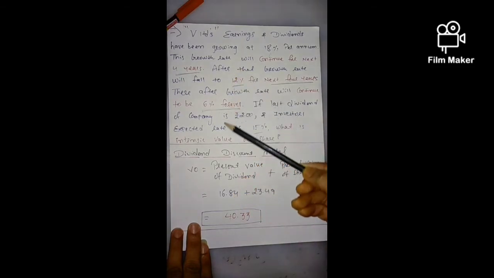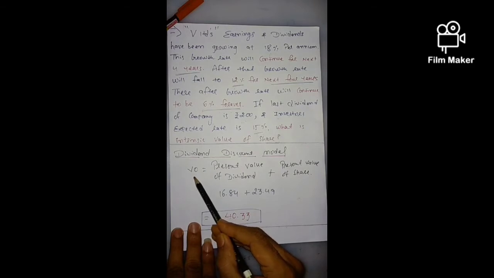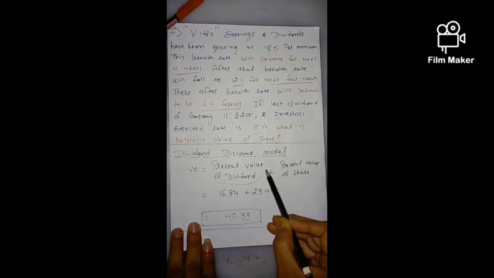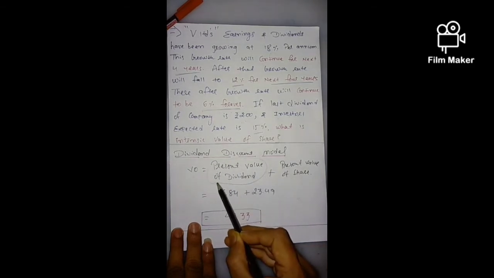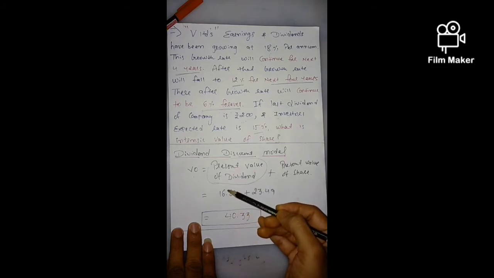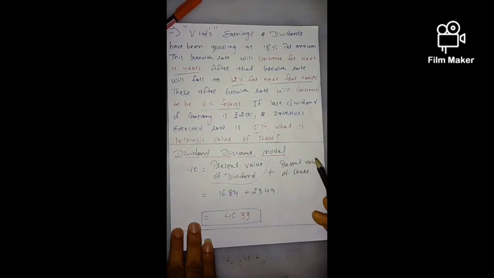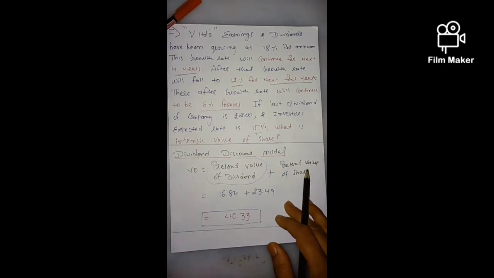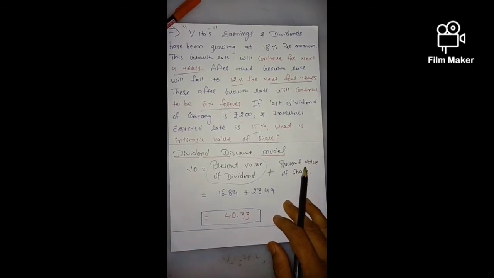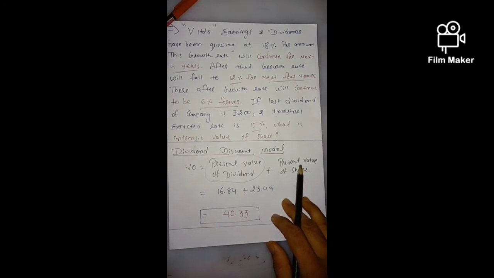And for all these future dividends, we will find the present value. So to find the present value, first we find the future dividends, and then the present value of the shares. Let us see the calculation of the future dividends and how we can calculate them.